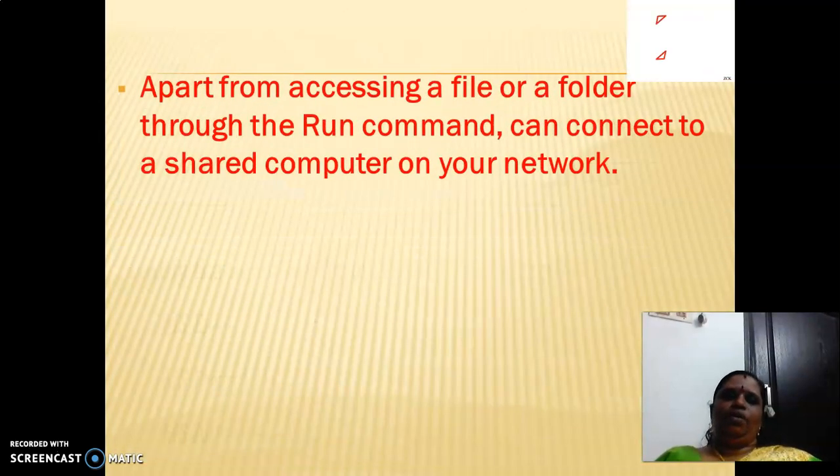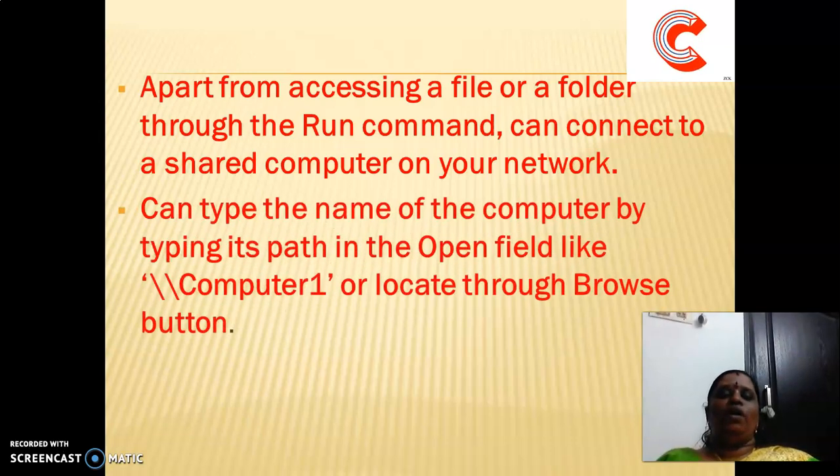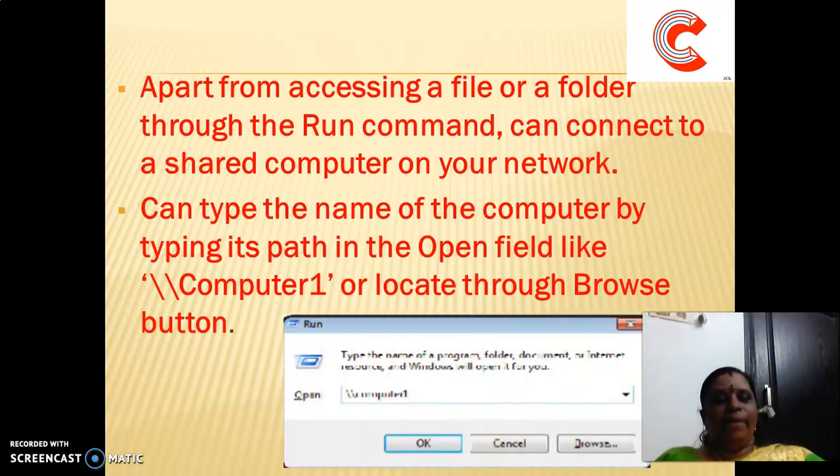Check it. Okay. Apart from accessing a file or a folder through the Run command, you can connect your computer on your network. You can type the name of the computer by typing its path in the field like this, backslash backslash computer name, or locate it through the Browse button here. In this tech concept we saw the Run command.